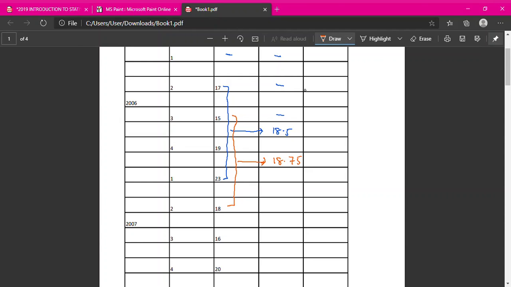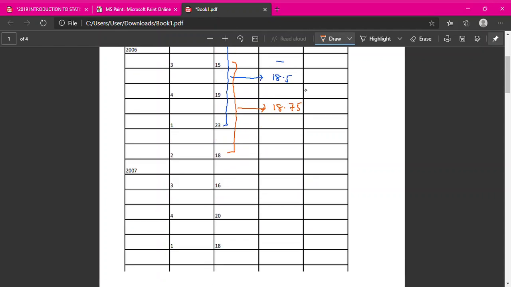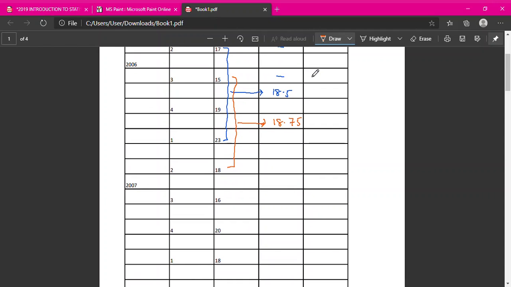The next one pula, gunakan yang ni pula. 19, 23, 18 and 16. Okay, 19 plus 23 plus 18 plus 16. Okay, divide by 4. Then you akan dapat 19. Nak letak kat mana? Kat tengah-tengah sini. Kan? Ni kita guna tadi. So, the answer will be 19.